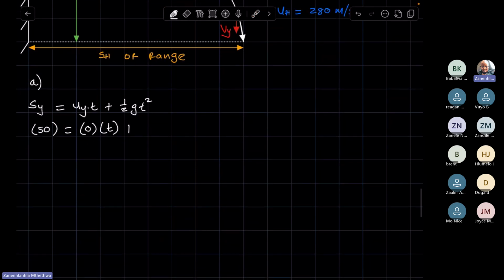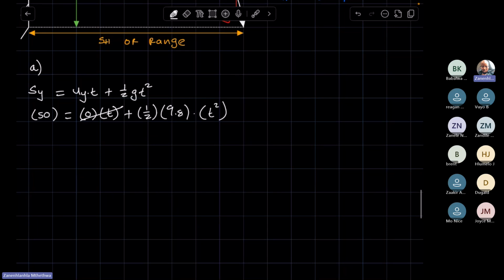This remains positive. G is 9.8 times T squared. Half of 9.8 is 4.9. So essentially you will have 4.9 T squared is equal to 50.